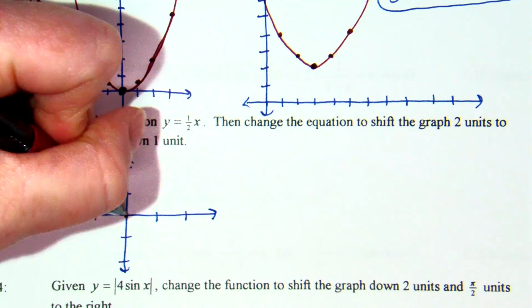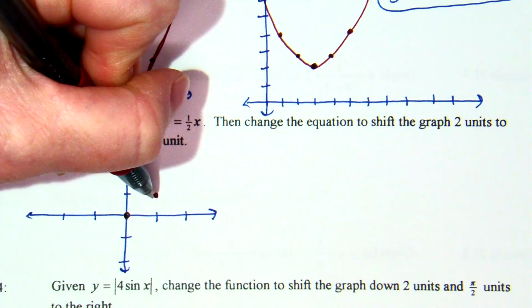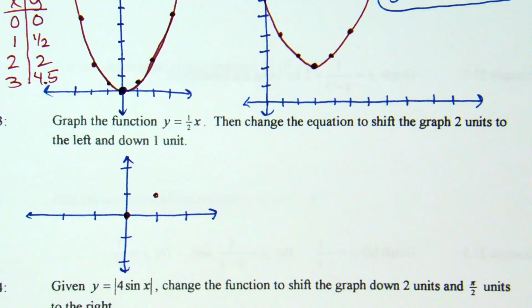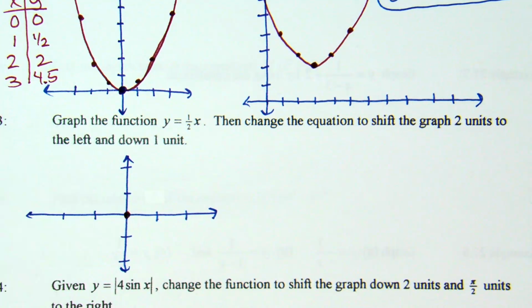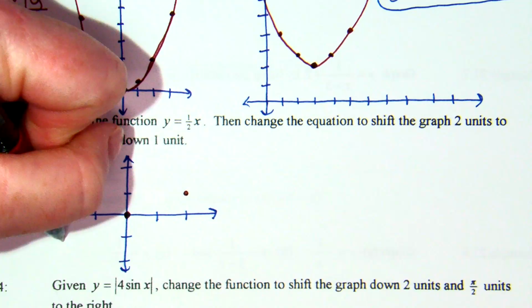Don't follow my lead. Okay, can't even see what I did. Rise 1, run 2. You can also reverse that and go down 1, left 2. Okay, change the equation to shift the graph 2 units left and down 1 unit.